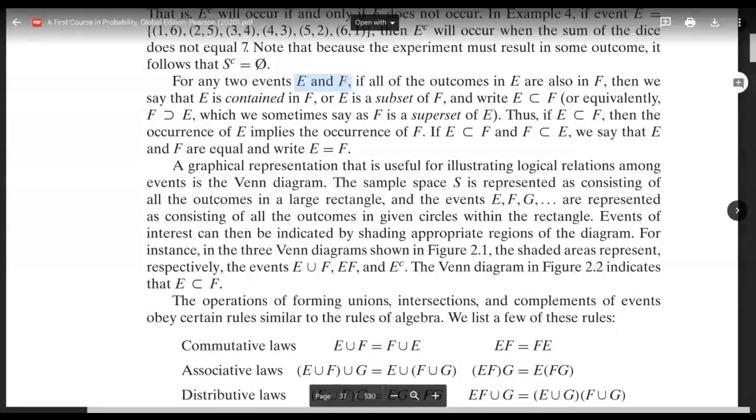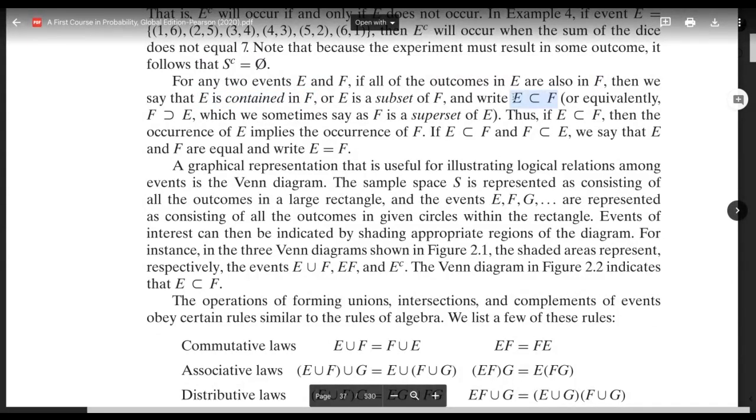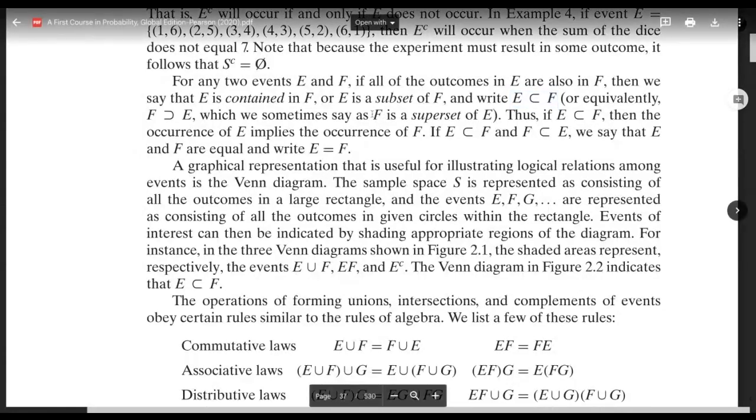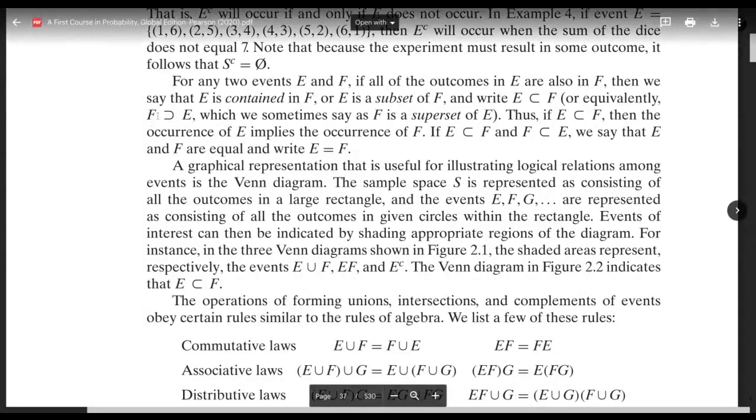So let's say we have two events. If all the outcomes in E are also in F, then we say E is contained in F. So we use this notation: E contained in F, or E is a subset of F. Usually this sign is for subset. Equivalently, if all the outcomes in F are also in E, we do it this way.